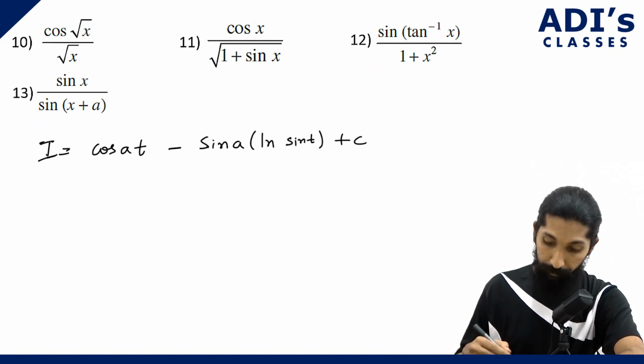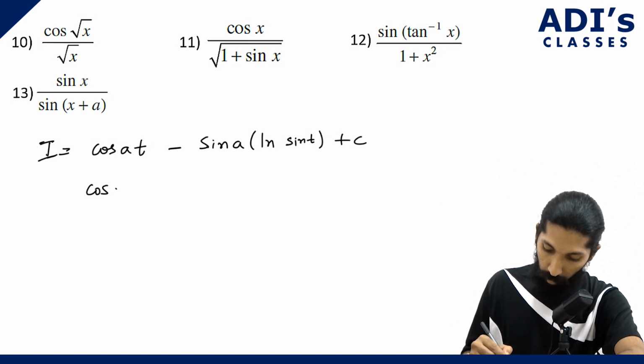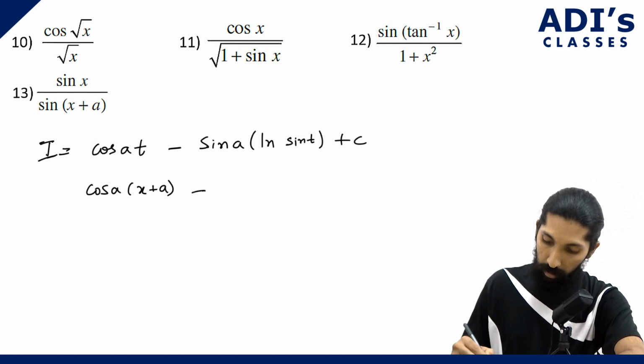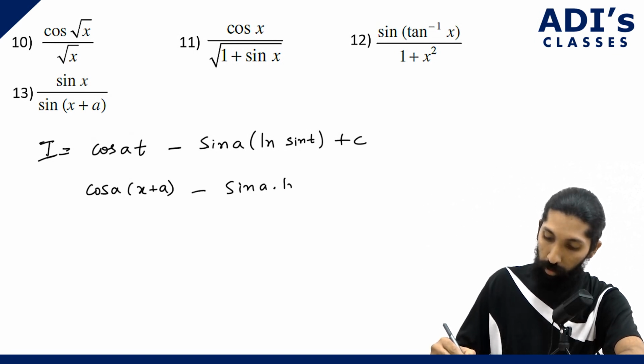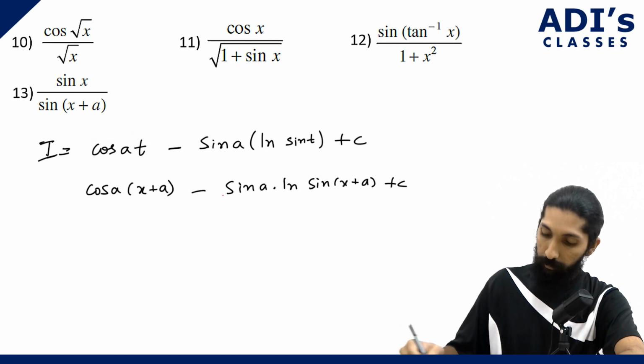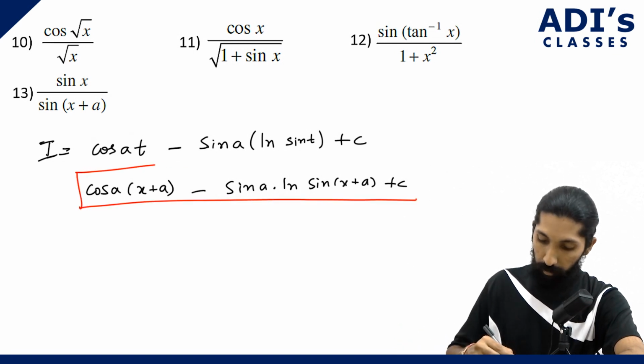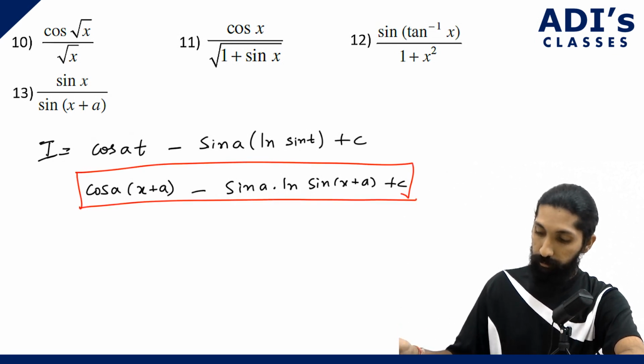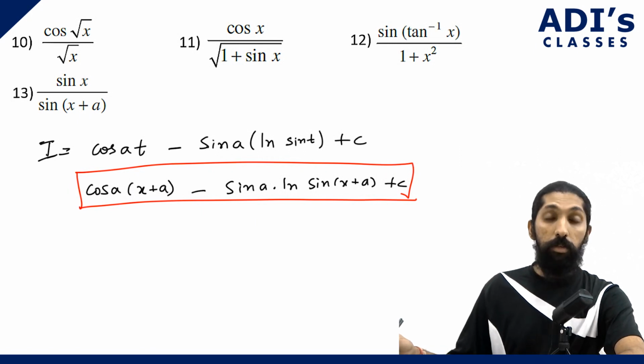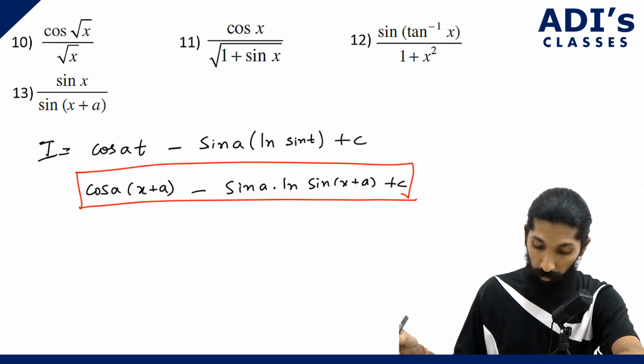So you'll have cos a into (x plus a) minus sin a into log of sin of (x plus a) plus c. So this will be the final answer. Got it? So this is the final answer for this 13th question and the last one.